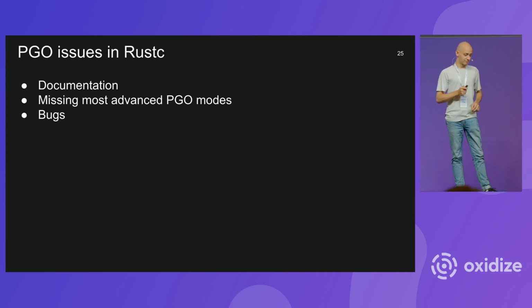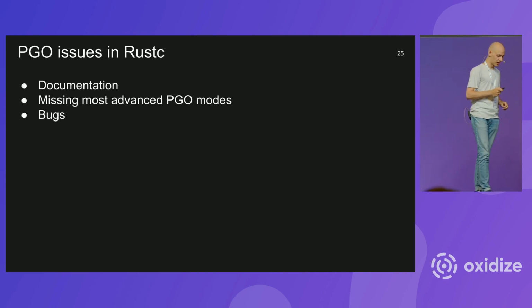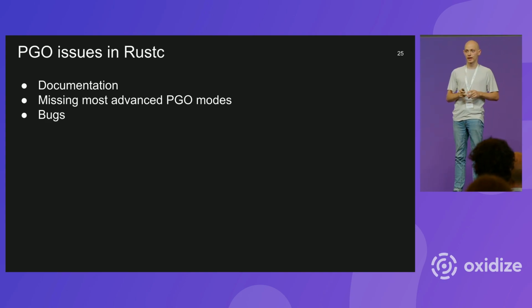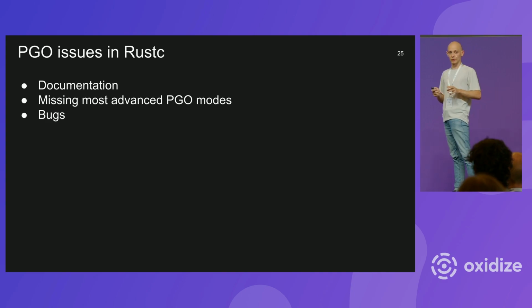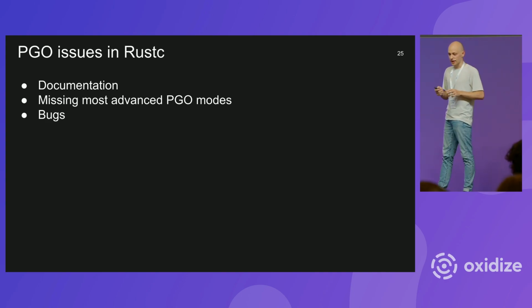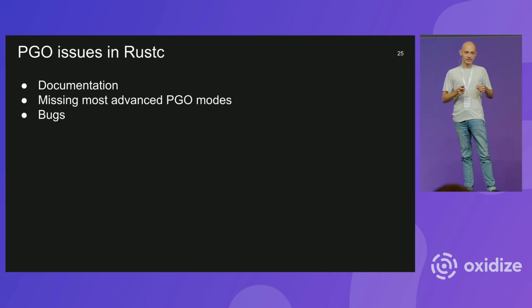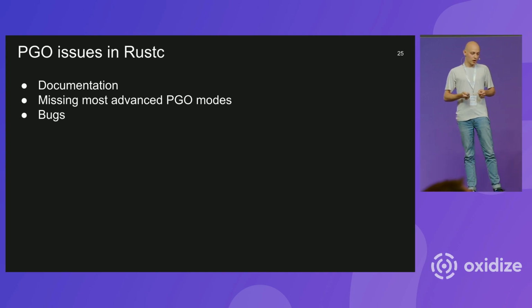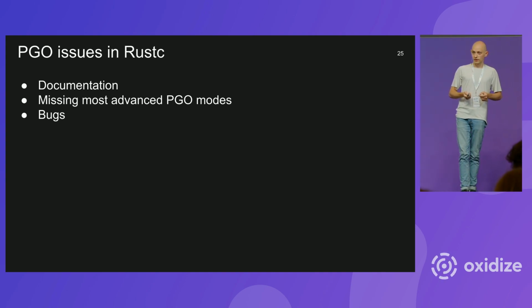There are some nasty bugs. For example, there is a bug in the Rustc compiler where for some projects, due to some yet unknown LLVM bug, you cannot enable LTO, link time optimization, and PGO at the same time. No one knows what is going on there.